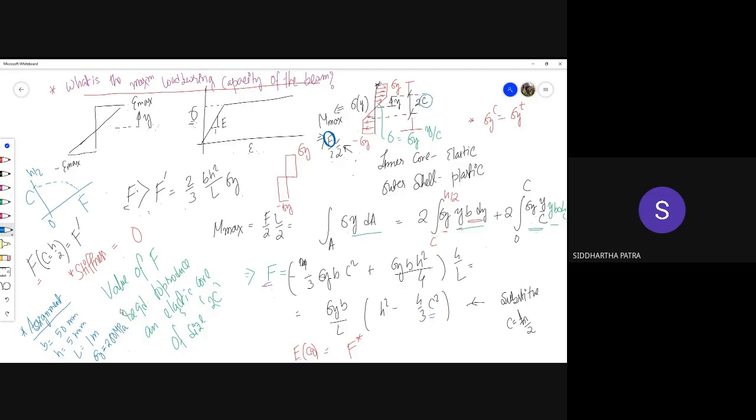So the value of C kind of represents your load bearing capacity. And once you are closing up on the core, this just happens faster and faster, and you reach the F star value. So I need you to plot this in Excel, and once you do, take a snapshot of that and post it in the classroom. So do this assignment, get the solution, and post it in the classroom. C versus F plot.